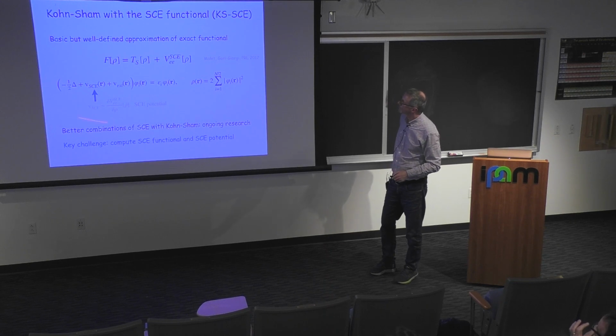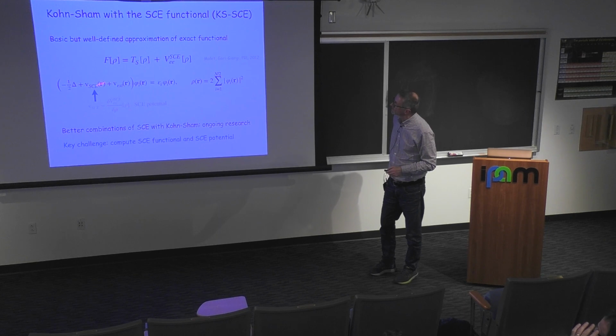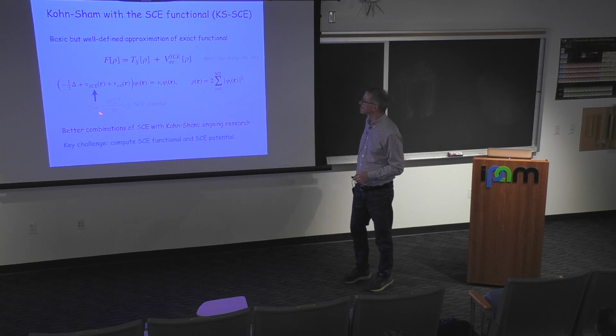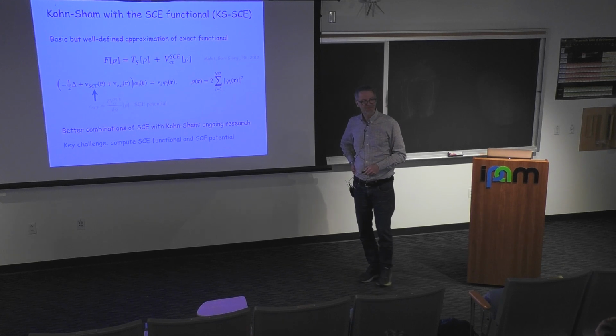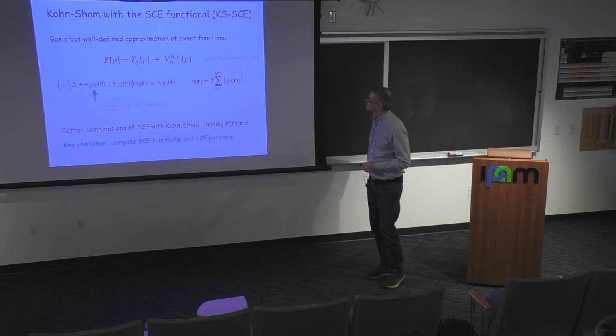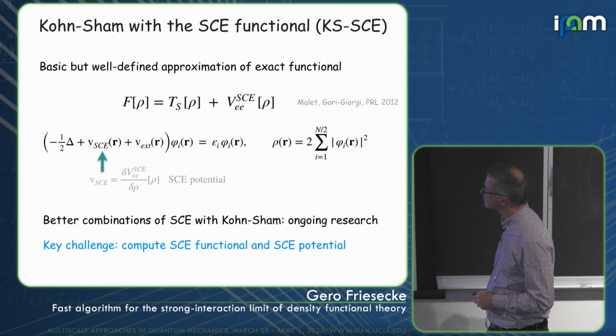And so then you get familiar Kohn-Sham equations where the effective potential is just the functional derivative of the SCE functional with respect to the density. I realize I should have used a stronger font here for the stuff I wanted to underemphasize, but okay. So it's a functional derivative with respect to the density, and then the usual constraint.